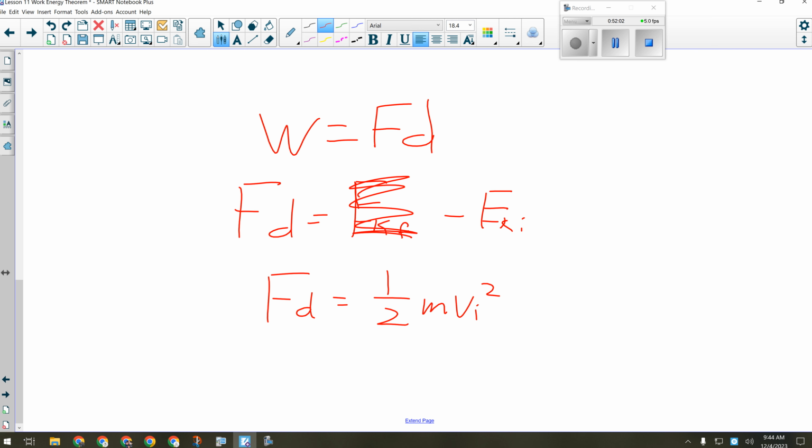The stuff on this side has to do with taking that energy away. In order for me to stop, I have to convert my kinetic energy into other forms of energy that don't equal moving. Okay? So I use the force of friction, that's what this force is, my braking force. And the D is how long it takes me to stop.